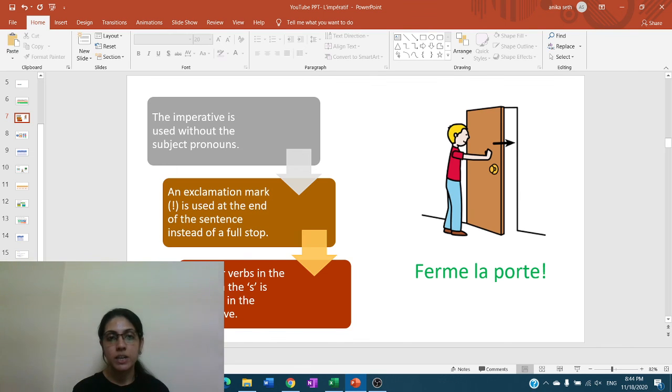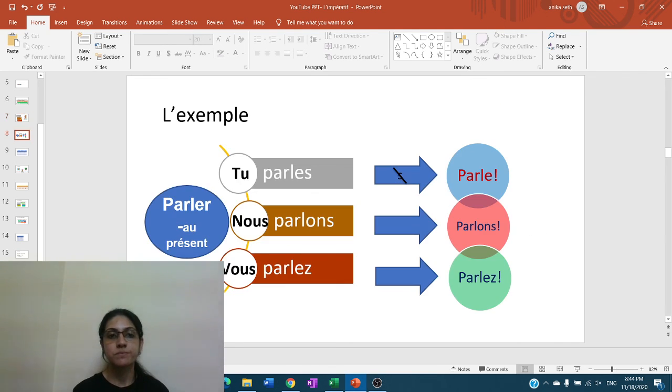An exclamation mark is added at the end of the sentence instead of a full stop. Also with ER verbs, in the tu form, S is dropped. It is removed from the conjugation of the verb. So these are the rules for changing the verbs in the imperative: do not use the subject pronoun, use an exclamation mark, drop the S from the conjugation of ER verbs with tu.